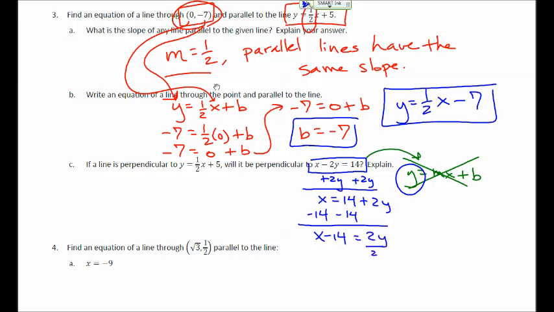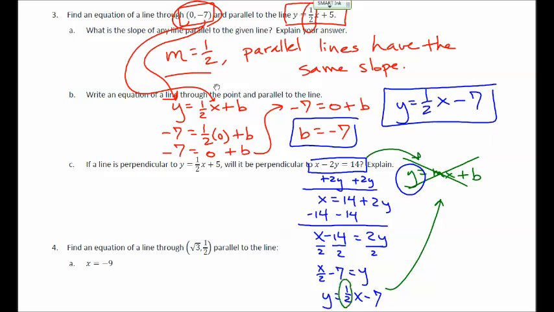Now if I divide both sides by 2, every term by 2, then I have x over 2 minus 7 is equal to y. And I'll flip that around using the symmetric property of equality. And I get y is equal to x over 2, which can also be written as 1/2 x, minus 7. So now it is in this form, and because it's in that form, I can now read off the slope as the number in front of x, and so I get 1/2.